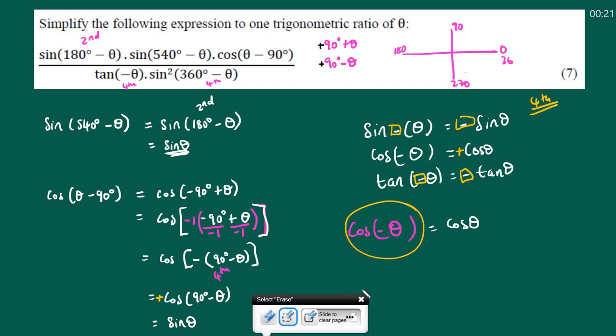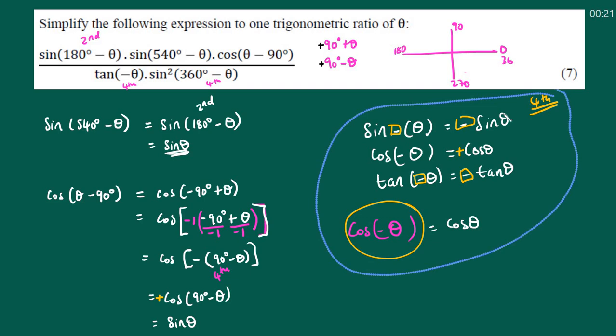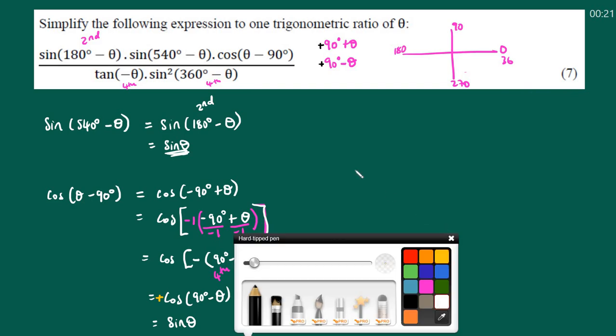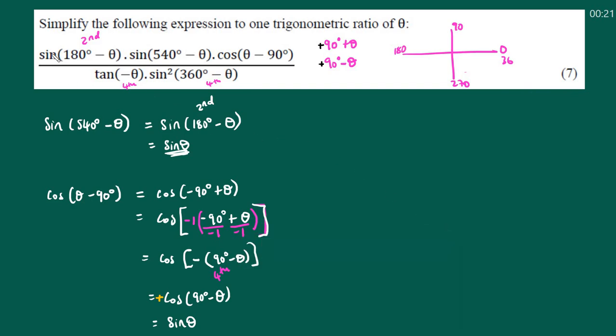Then from there, we are not really done, because now we need to ensure that we finish off with the problem. So we go back here and say we had sine 180 degrees minus theta times, remember this one we already reduced it to sine theta.